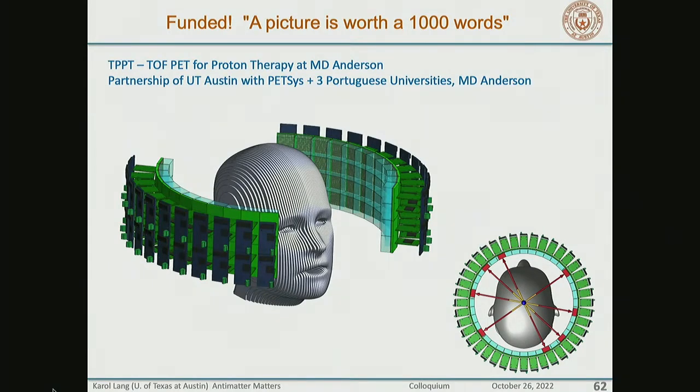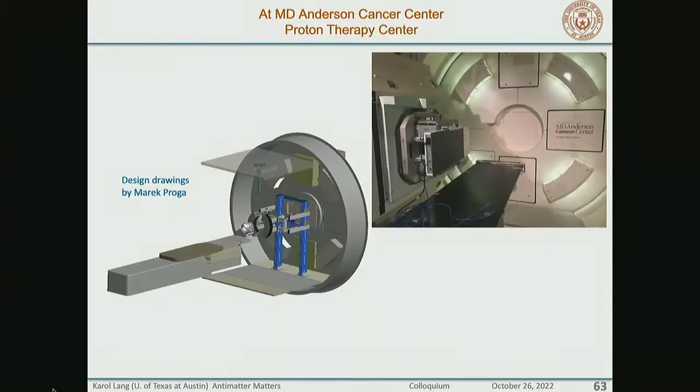So you can rotate this and inject the beam from many directions. The tomographic idea, obviously, is that somewhere in the brain, or wherever the beam was deposited, there is emission of positrons, and they go back to back. So by looking at millions of these, you reconstruct a three-dimensional image of the tissue. Now, this will be mounted on one of the beams at MD Anderson. So this is the beam, and you remember this is this tiny thing, and the rest is gantry and synchrotron and all of that.